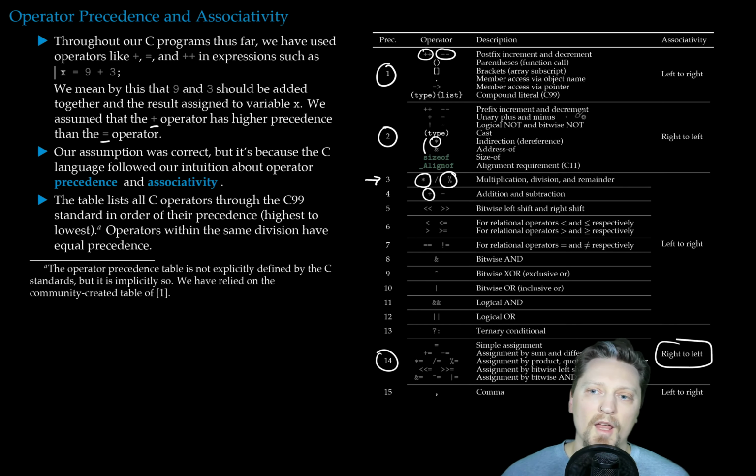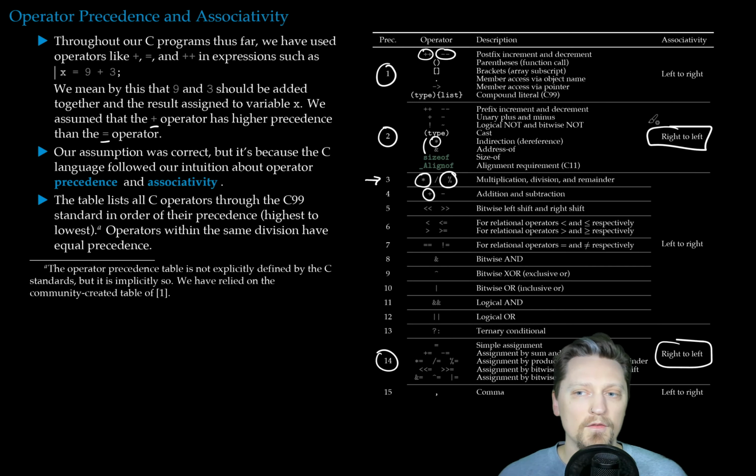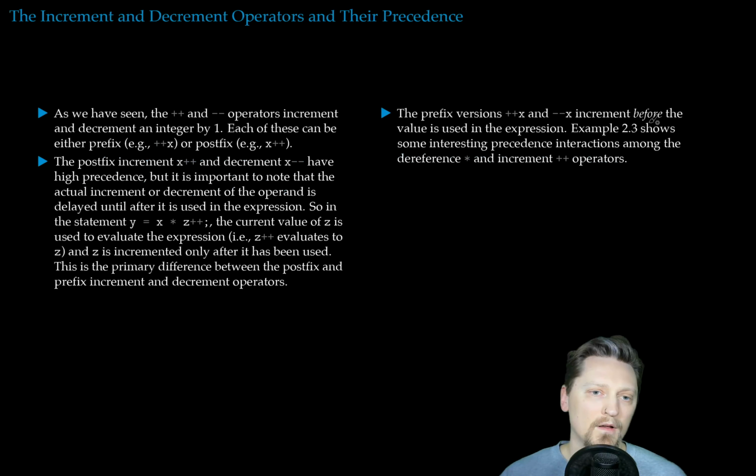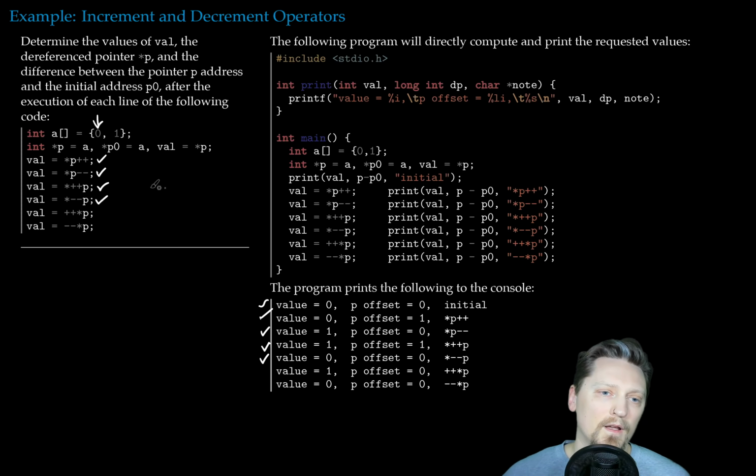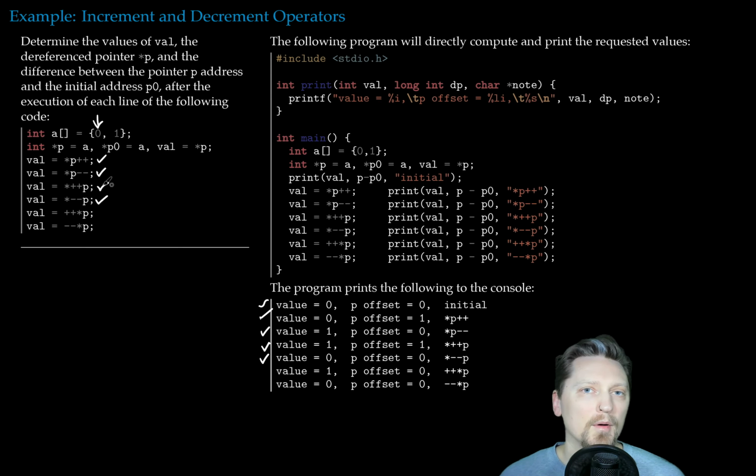Okay, that means that they will have to default to associativity to determine which one will be executed first. Right to left is the associativity. Therefore, we are going to do the right operation first, and then we'll do the left operation. So we did the plus plus and the minus minus before we did our dereference.